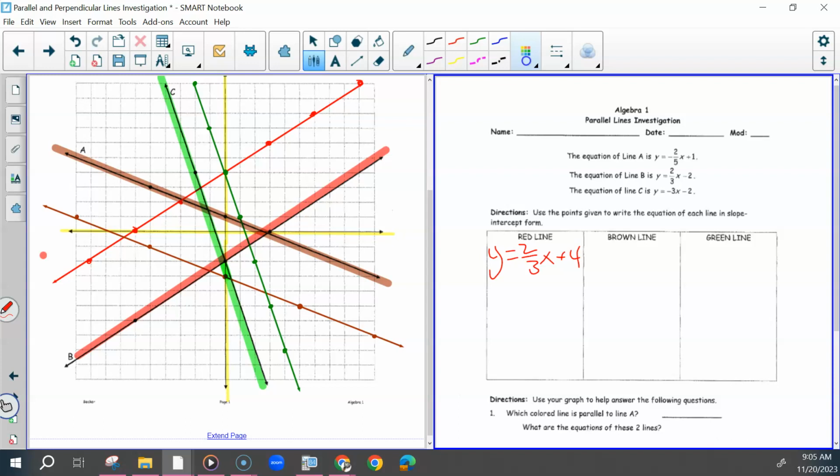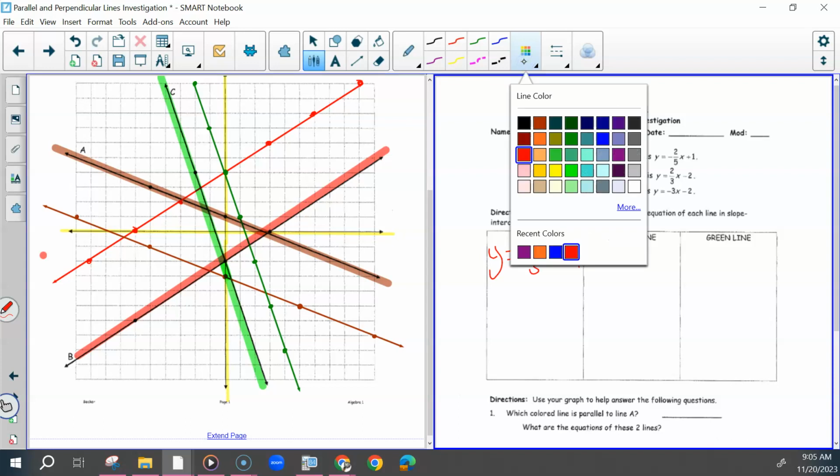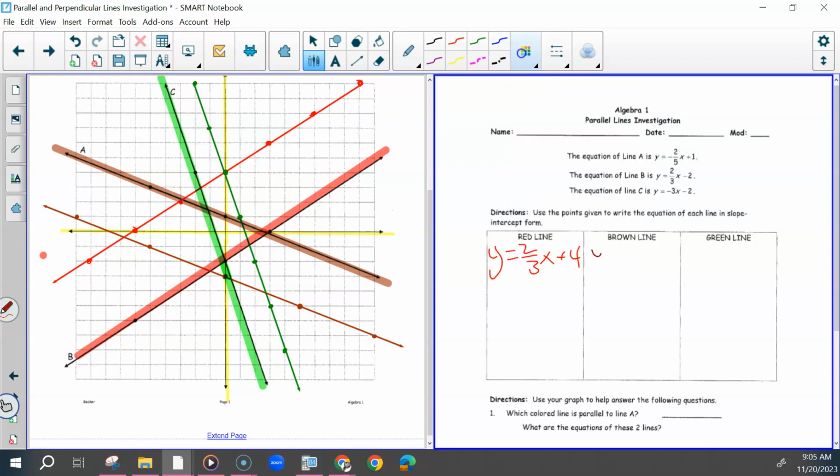Y-intercept at negative 3. And then the green line has a slope of negative 3 over 1. Y-intercept also at 4.